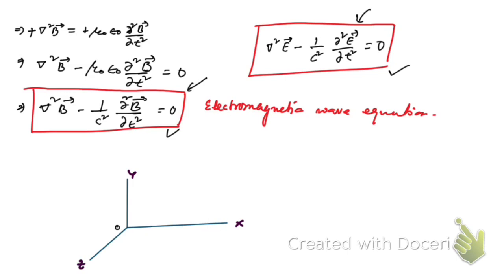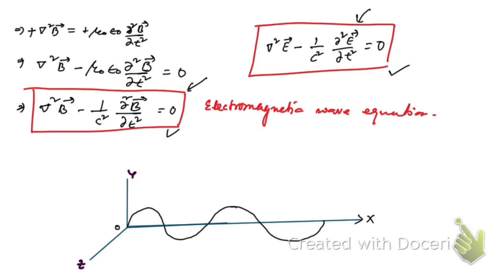Let me draw it properly. This is the electric field propagating in this direction, suppose. This is the x direction, propagating in x direction this way, right?